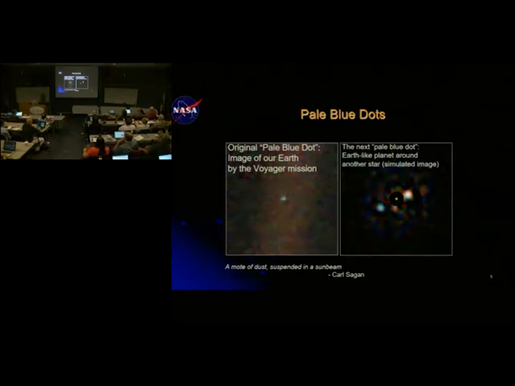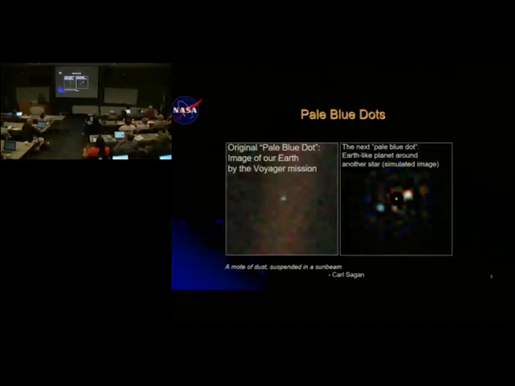And it looks like a pale blue dot. And many of us remember Carl's words that everyone that you've ever known, every old war, and every thought that any human has ever had is all contained on this pale blue dot, a mote of dust suspended in a sunbeam.